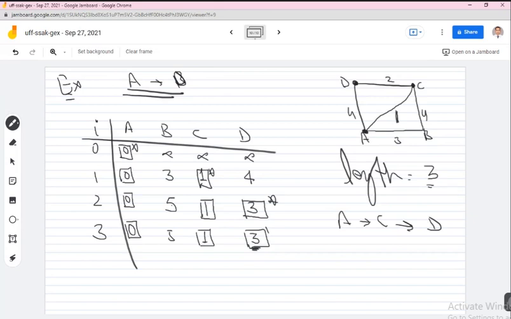Next topic is distance in the graph, or we can say measurement in the graph.